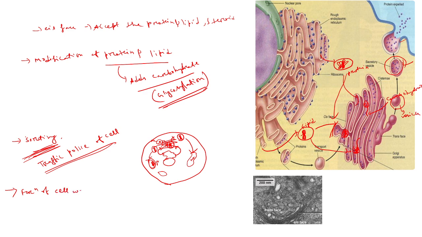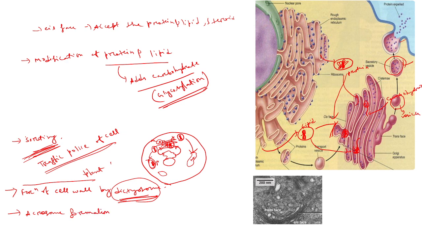cell wall by the dictyosome. So in the plant the Golgi is called the dictyosome, and the dictyosome helps in the formation of the cell wall in the plant cell. And another function is that it helps in the acrosome formation in sperm.